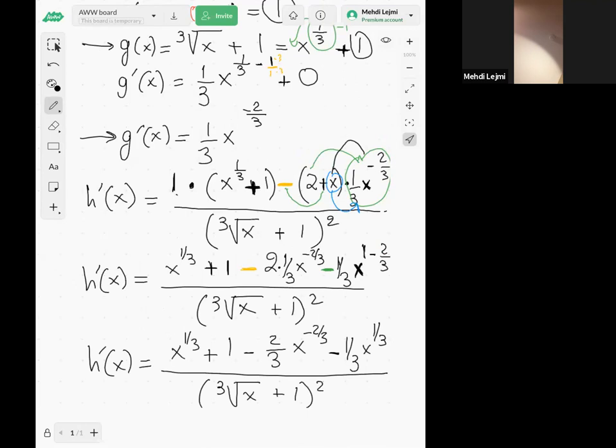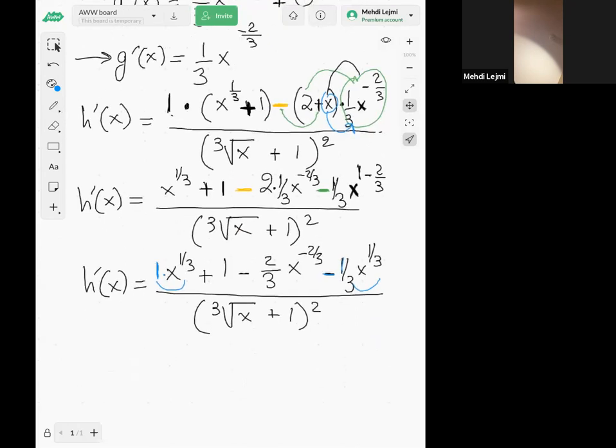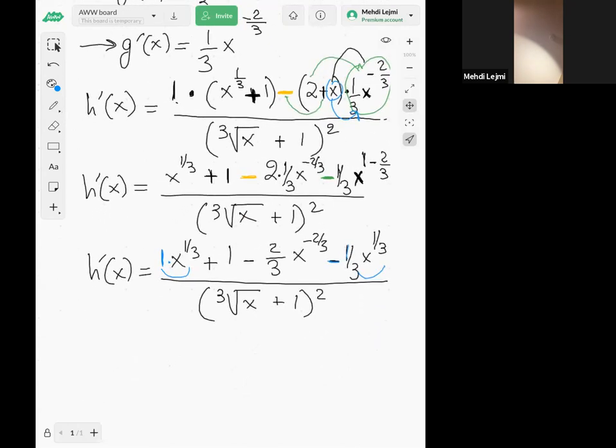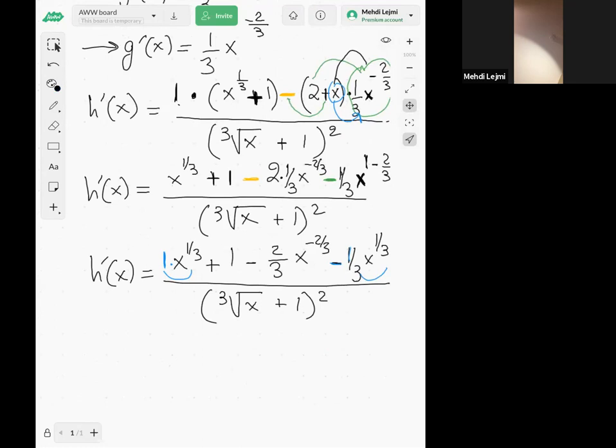So here we have one simplification. As you see, guys, there's x to the power 1/3 here and x to the power 1/3 here, so we can combine them. Here it's 1 minus 1/3, with the common denominator, that will be 2/3. So our h prime of x.